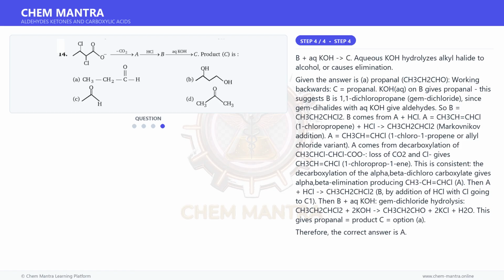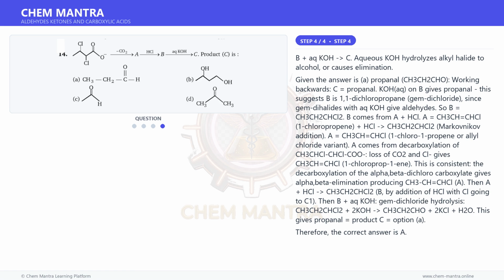The decarboxylation of the alpha,beta-dichlorocarboxylate gives alpha,beta elimination producing CH3CH=CHCl, A. Then A plus HCl gives CH3CH2CHCl2, B, by addition of HCl with Cl going to C1.